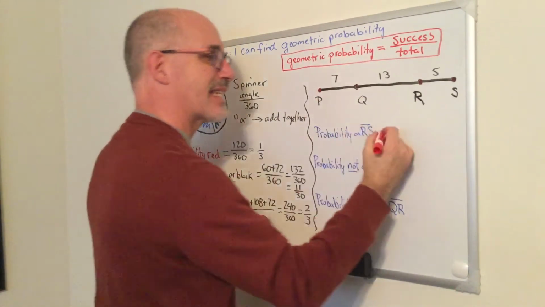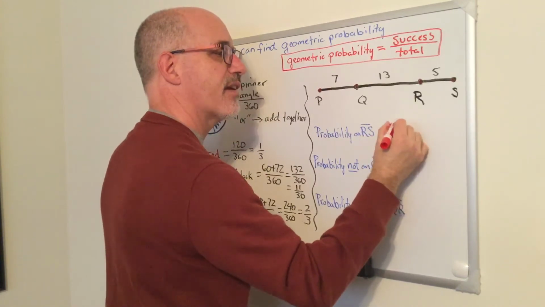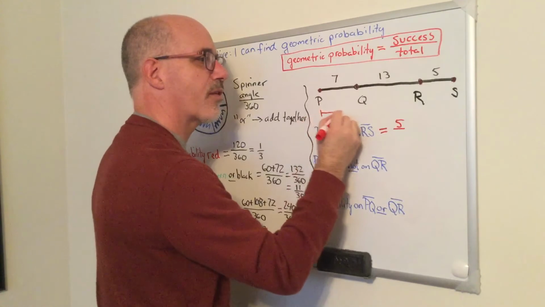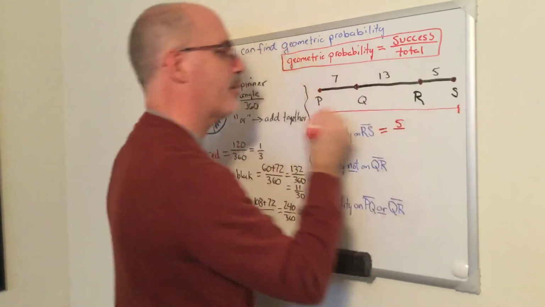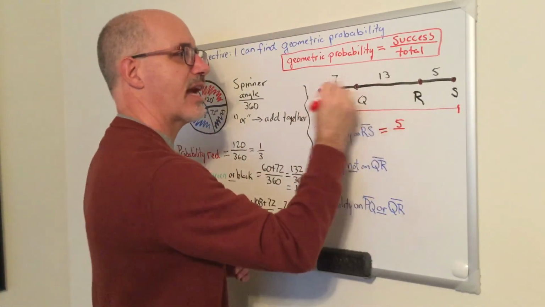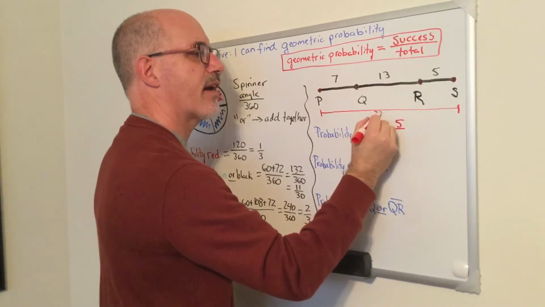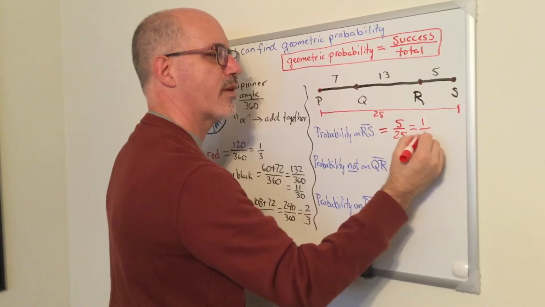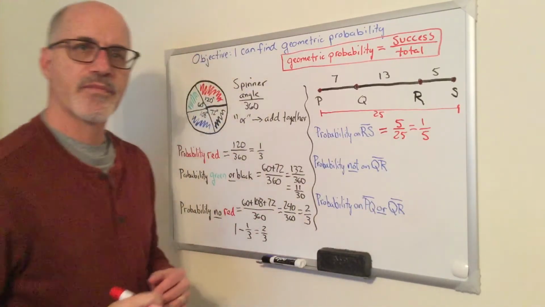So that success is 5, and the total from P all the way to S, if I add those up, I get 25. So my 5 over 25 would reduce down to 1/5 for an answer.